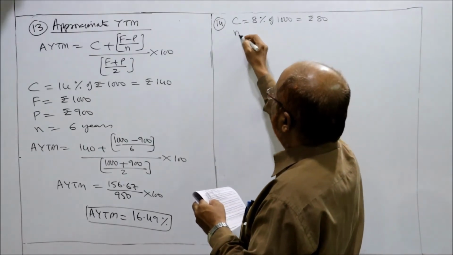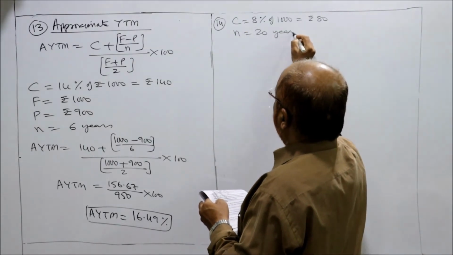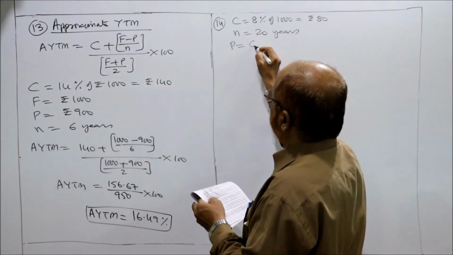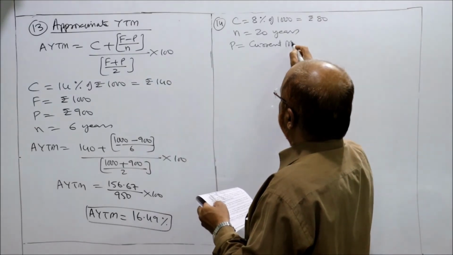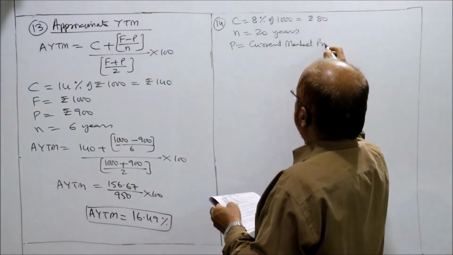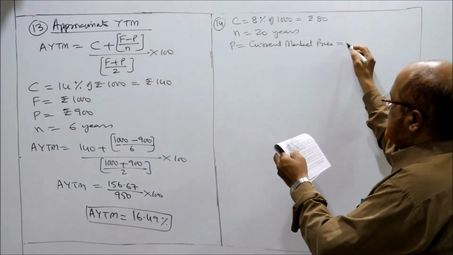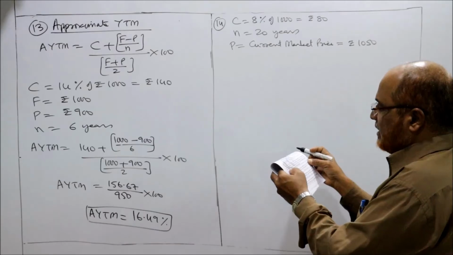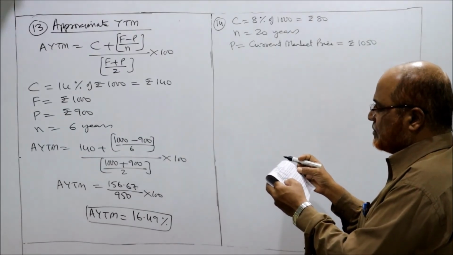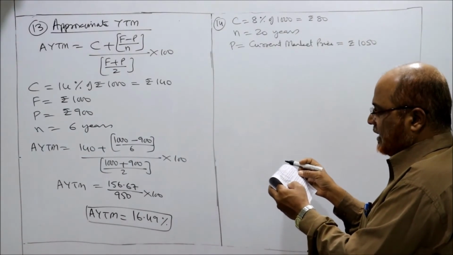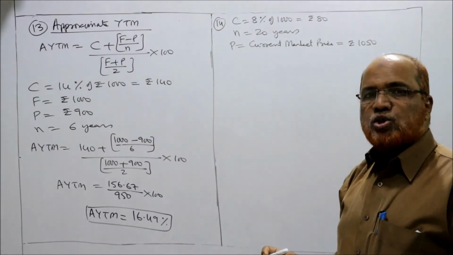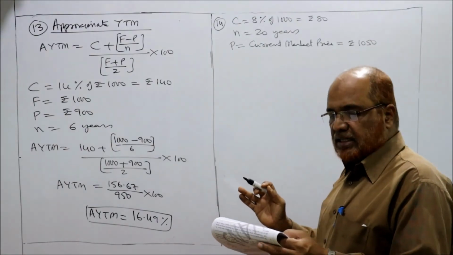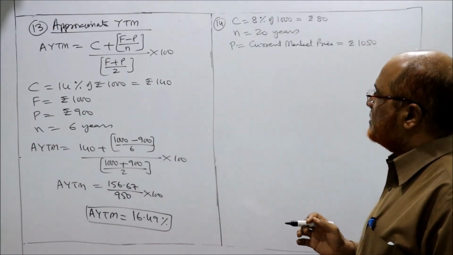N is equal to 20 years. Current market price is given in the problem as 1050. What does an investor in this bond earn in terms of yield to maturity, current yield and nominal yield? So three different questions are asked. It is asking you to calculate the yield to maturity, current yield and nominal yield, right?